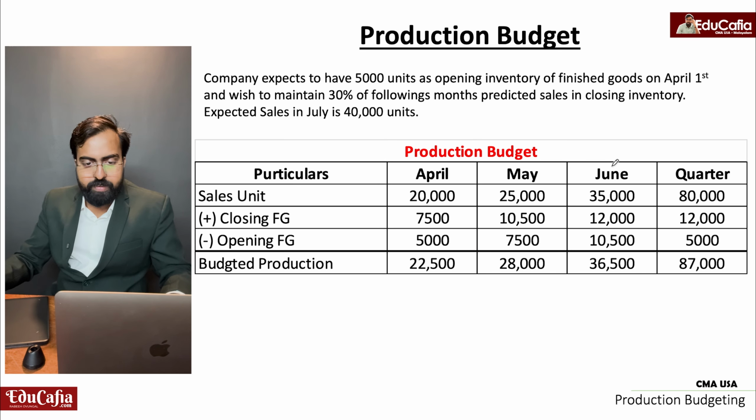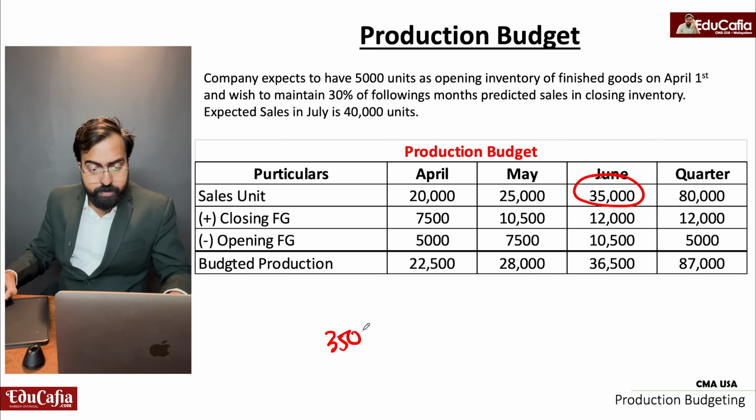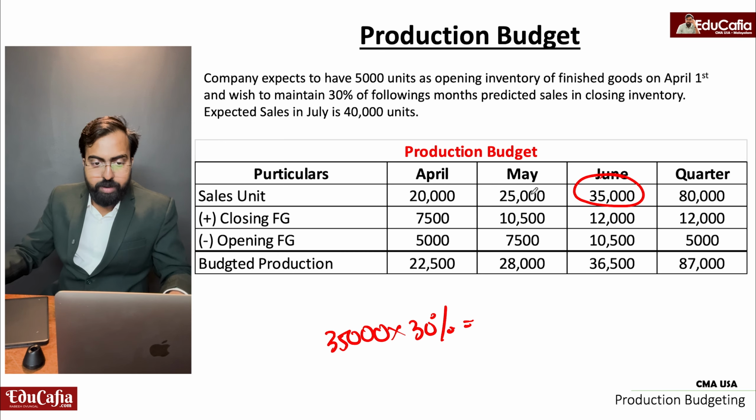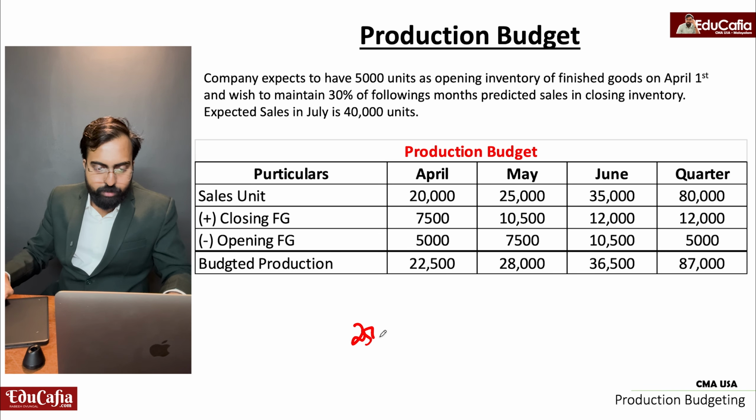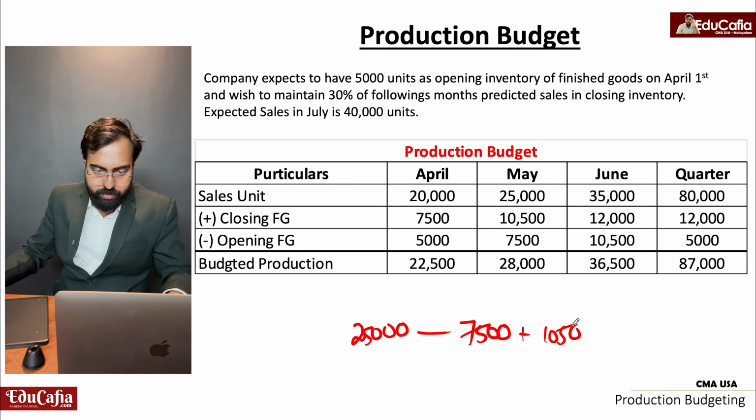And next month June's 35,000, its 30%, I need to produce in May. That is 10,500, which I keep as my closing FG. So I require 25,000 in May; in that 7,500 is already there, and I need to produce an extra 10,500, total 28,000.